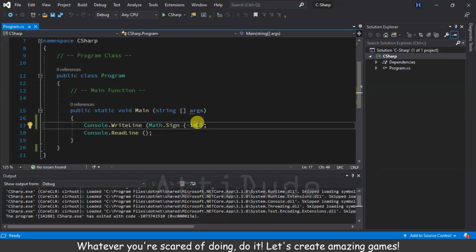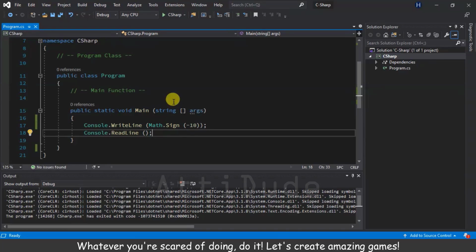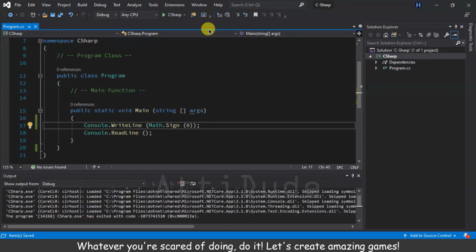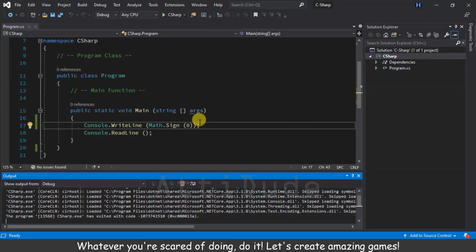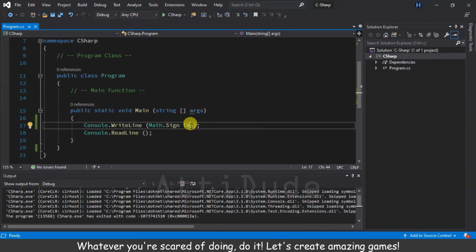It still returns us -1 because we are extracting its sign, so it will return -1 if the sign is negative, and will return 1 if the sign is positive. Let's say if we have 0, it's gonna give us 0 because we know 0 is neither positive nor negative.